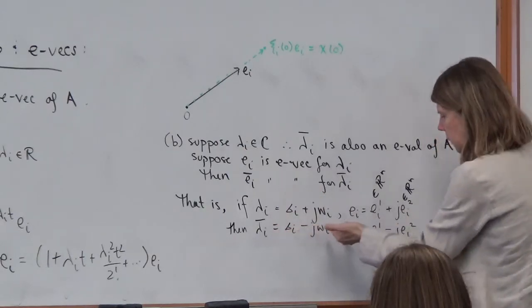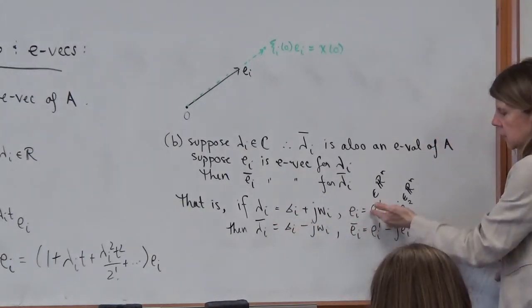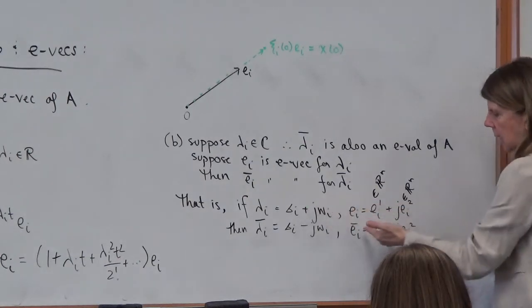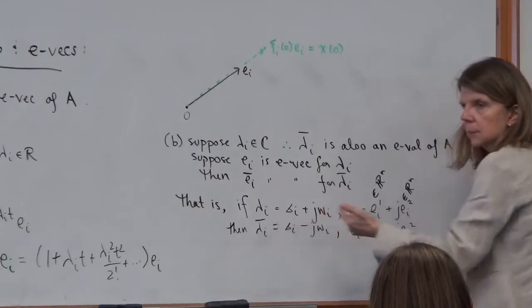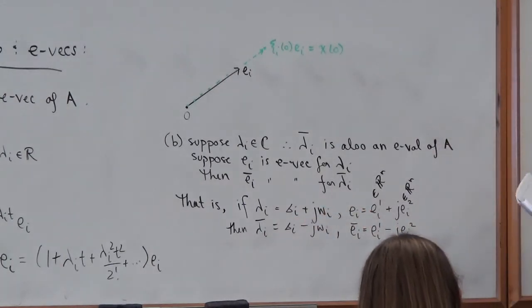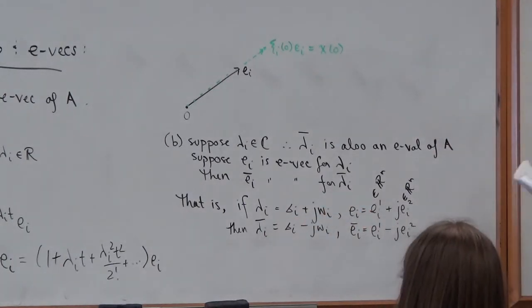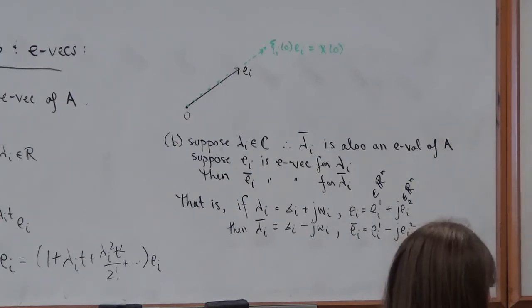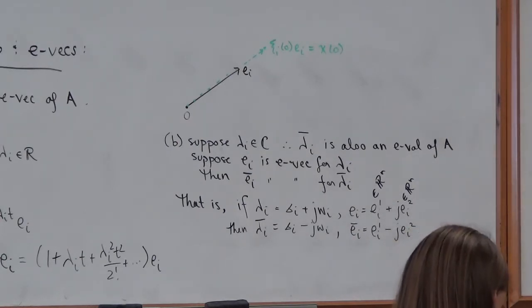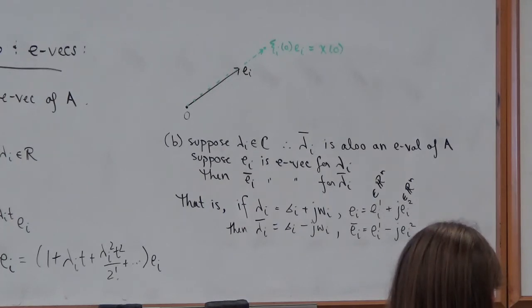If you knew this was the eigenvector associated to lambda i, how would you show that this is the eigenvector associated to lambda i bar? You would go back to, yep. You could write out the definition of an eigenvector, and then I believe conjugation commutes with linear operators, so that does it.